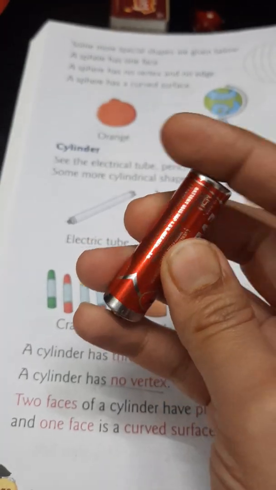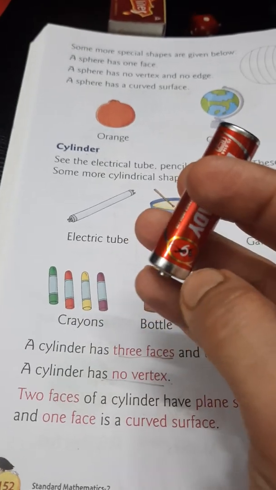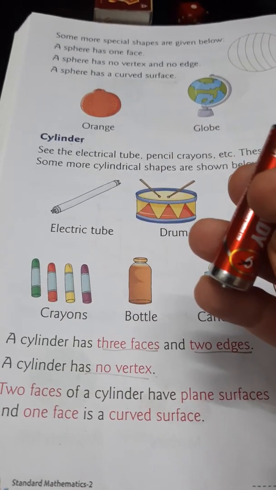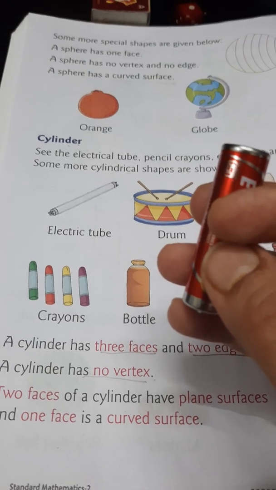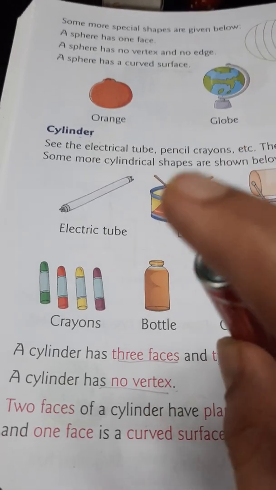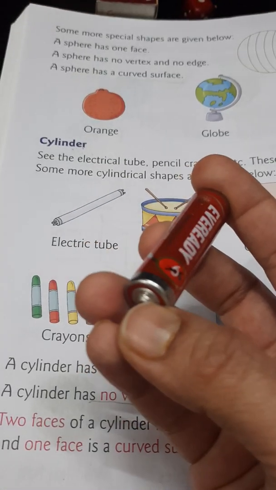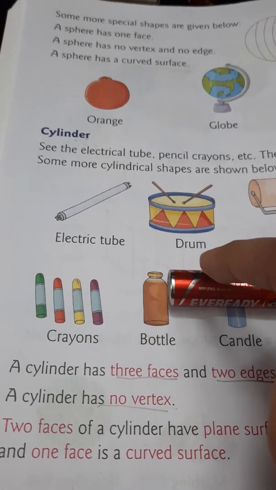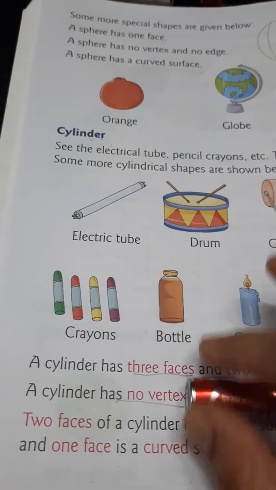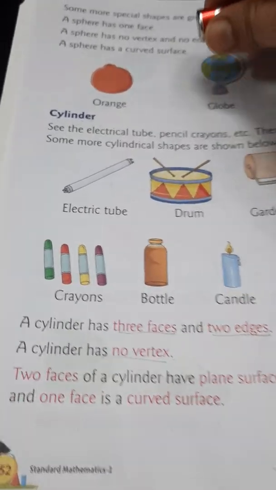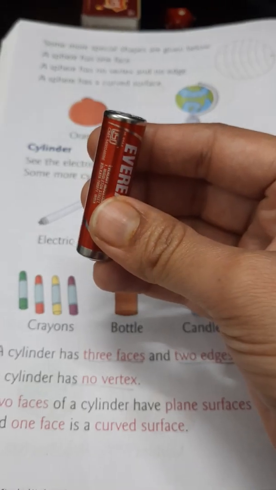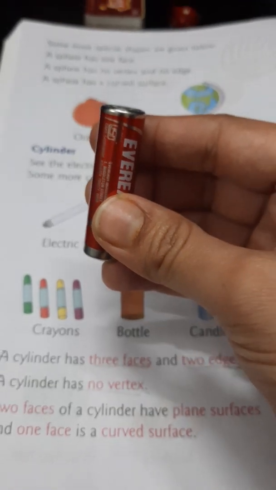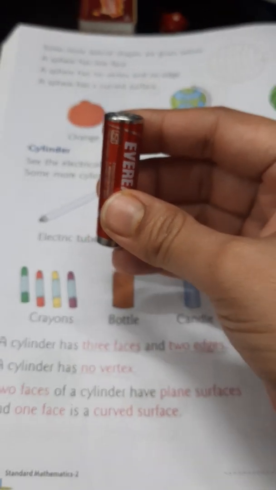See, there is no vertex over here. Now 2 faces of a cylinder have plane surfaces. This is a plane surface, this is a plane surface, and the other one is the curved surface. The third one is the curved surface. Now this is an example of cylinder. So it is cylindrical in shape.